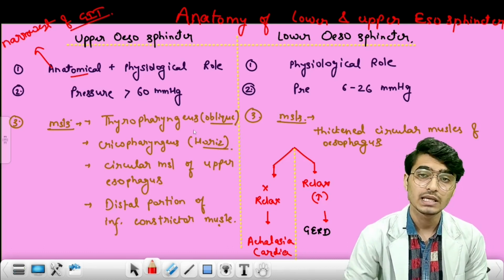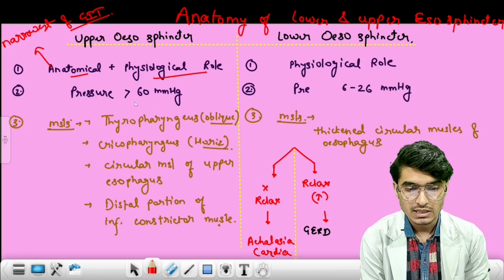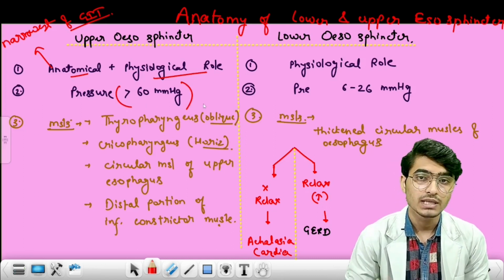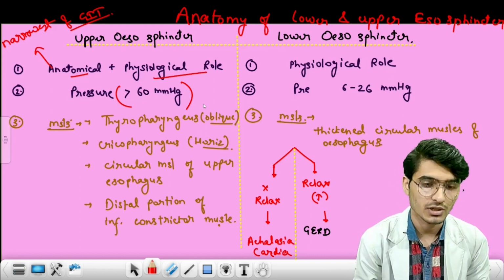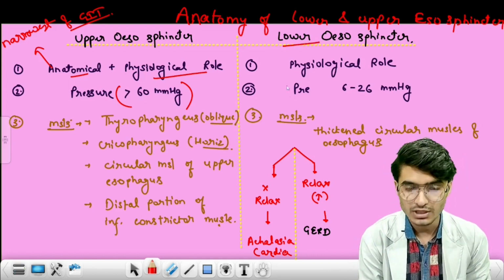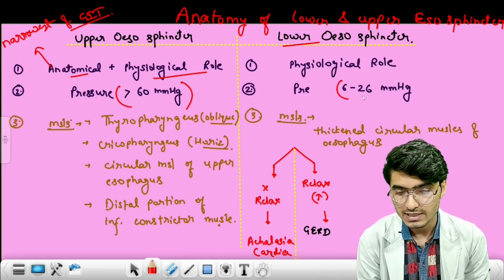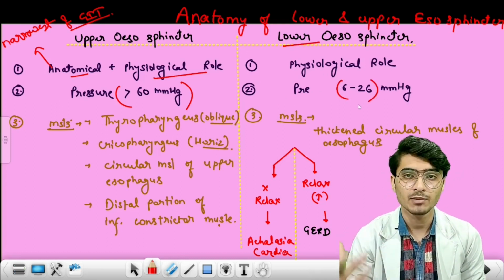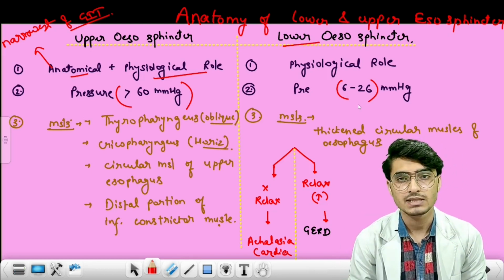So it plays the anatomical role, followed by the physiological role. Since this is an area of high pressure, more than 60 mmHg, it plays the physiological role here. Followed by the lower esophageal sphincter, which plays the physiological role as it has 6 to 26 mmHg of pressure. It is lesser than the upper one, but still it is significant.